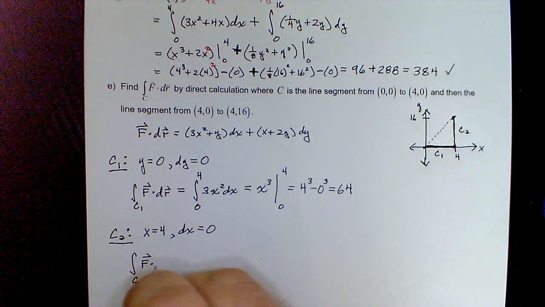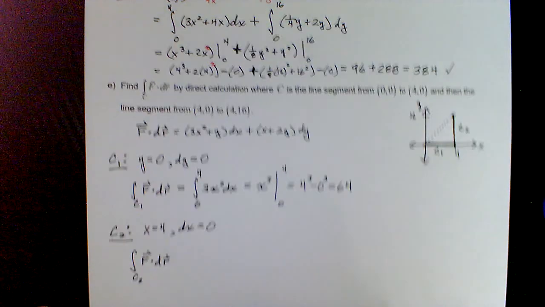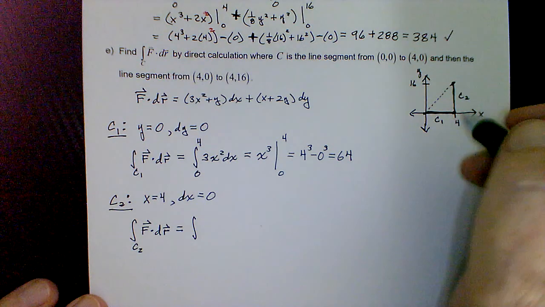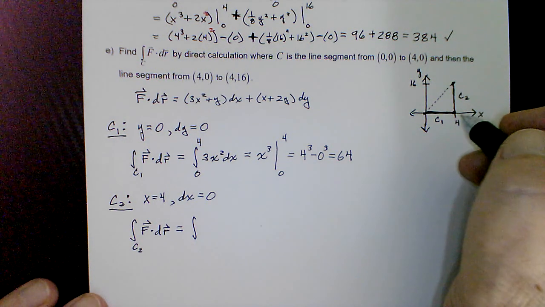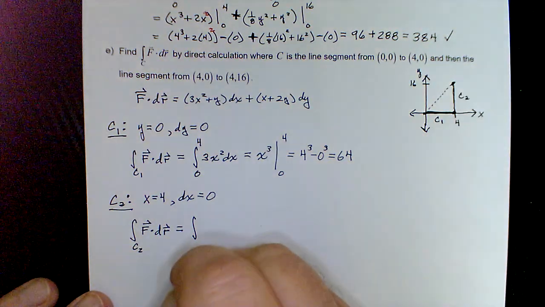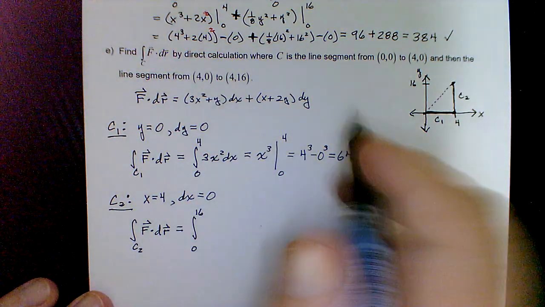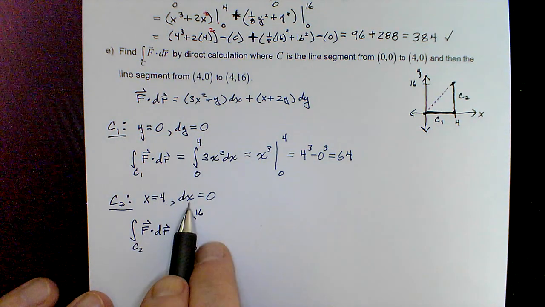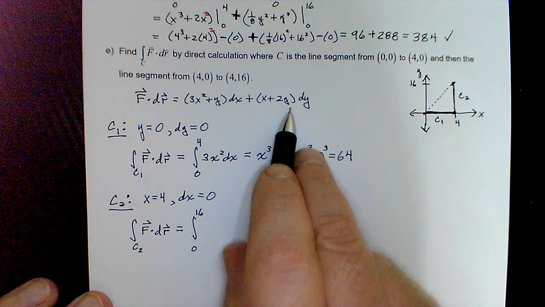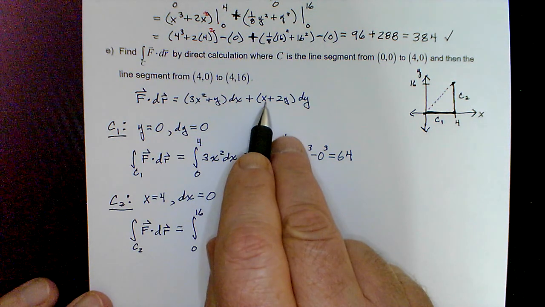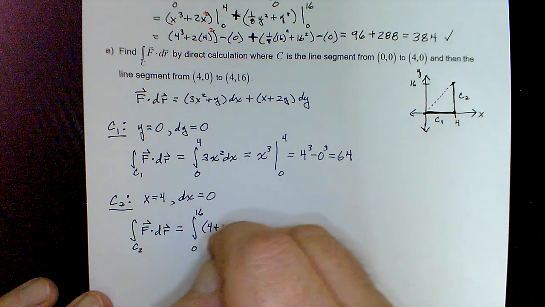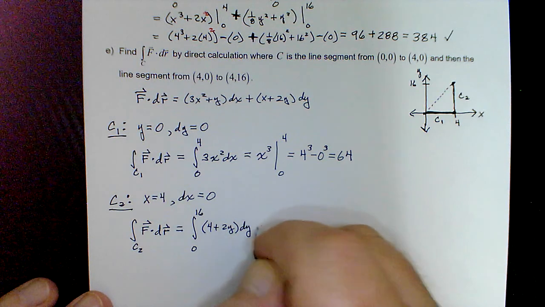So then the work done along curve C2 is going to be equal to the integral from, and y now is changing from 0 to 16. And then in the function, if dx is 0, this term drops out, and x is always 4, so this x can be replaced by a 4. So we'd have (4 plus 2y) with respect to y.